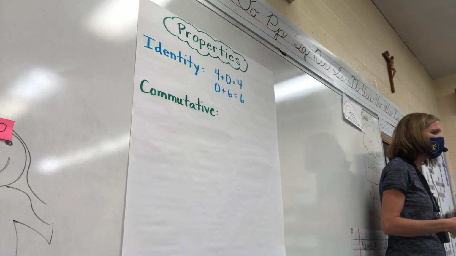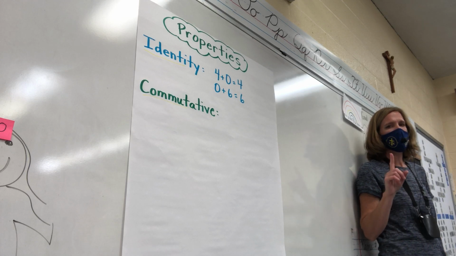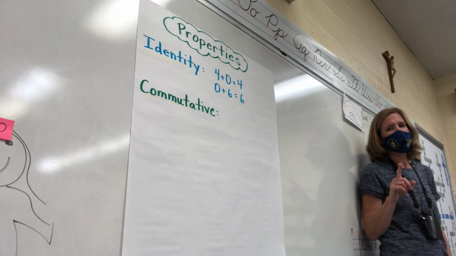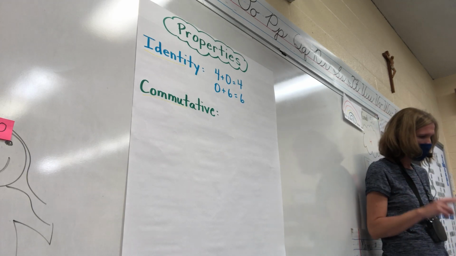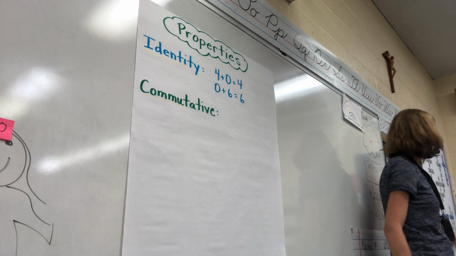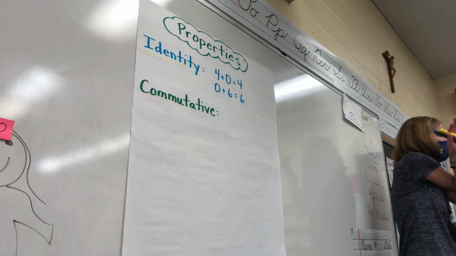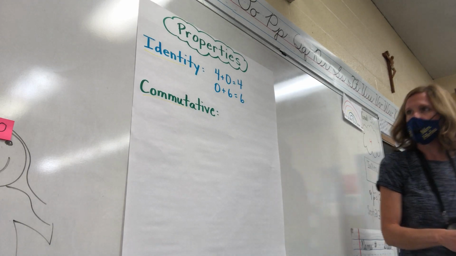Okay, show me the commutative property. Can you show me commutative in just one sentence? How many sentences do you have to have? How many equations? 2. You have to have 2. Commutative shows that we can move spots. We could do the hokey pokey and turn the fact around, and we still have the same thing.